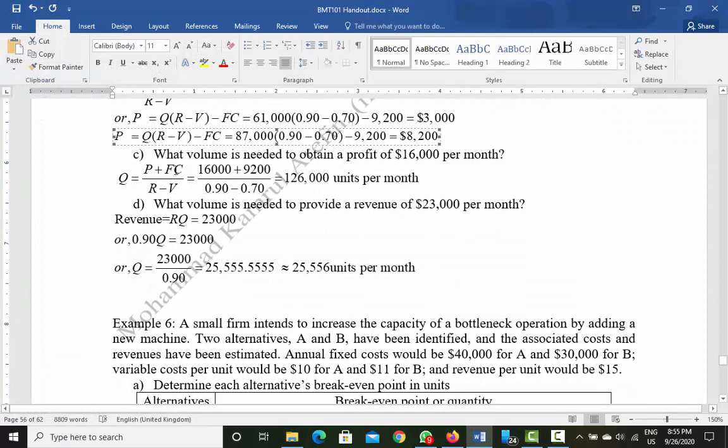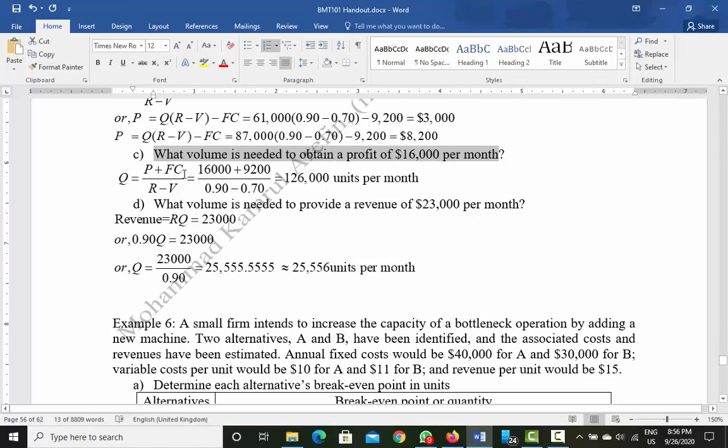Now the next question: what volume is needed to obtain a profit of $16,000 per month? Profit P is given. We need to find out what volume is needed, that means the output Q. So P is equal to 16,000.